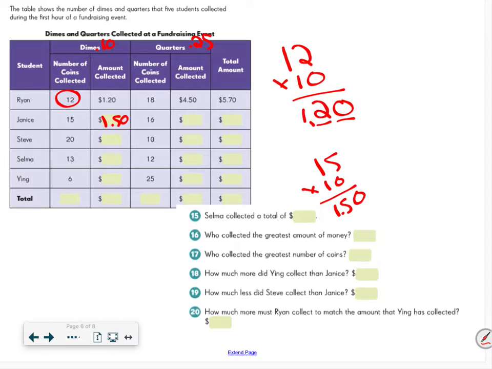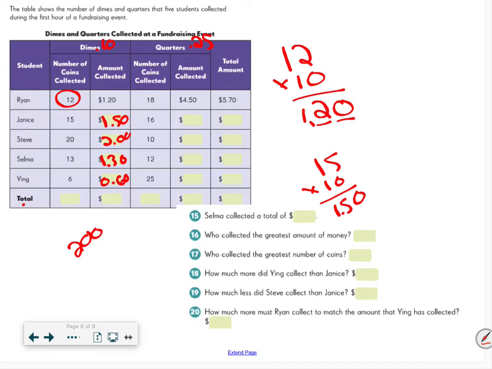Steve is 20, so 20 times 10, I know I just put the 0, that would be $2. 13 times 10 would be 130, which is $1.30. 6 times 10 would be 60, so I think it's just 60 cents, because 6 times is 10, 20, 30, 40, 50, 60, okay?